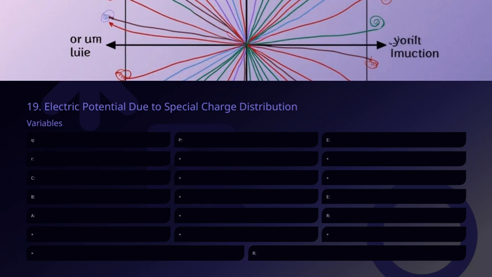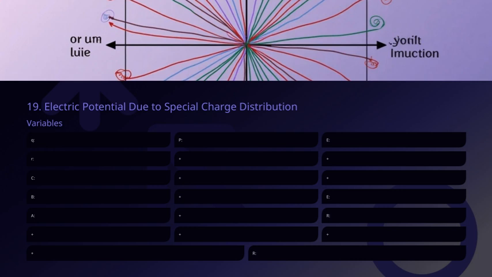For certain distributions, we can simplify the calculations by using symmetry or by breaking down the distribution into smaller, manageable parts. One common approach involves using variables to represent different aspects of the distribution, such as charge density or position coordinates, which helps us set up the integral expressions for the potential.